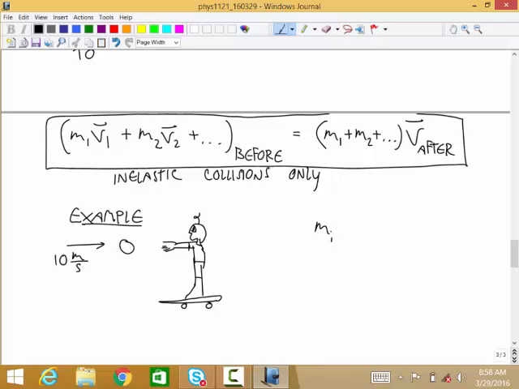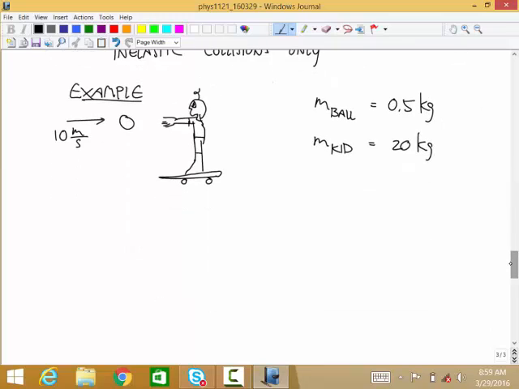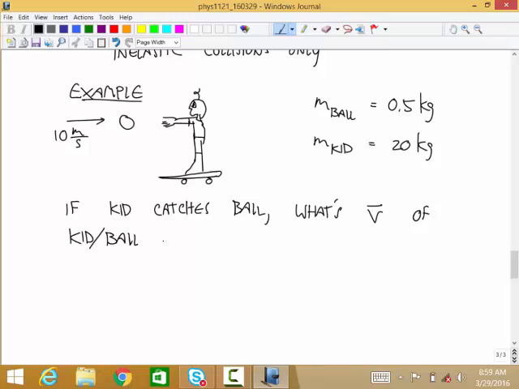The mass of the ball is 0.5 kilogram, and the mass of the kid is 20 kilograms. If the kid catches the ball, what's the velocity of the kid and ball after the catch?